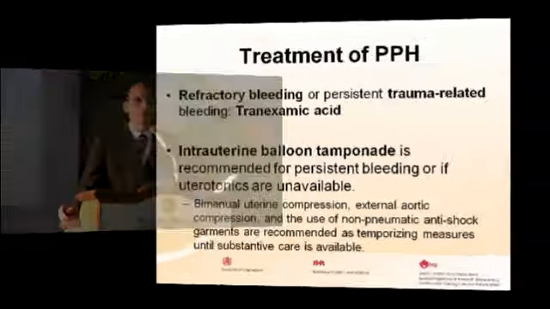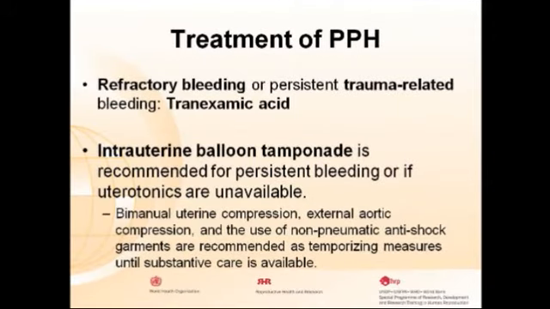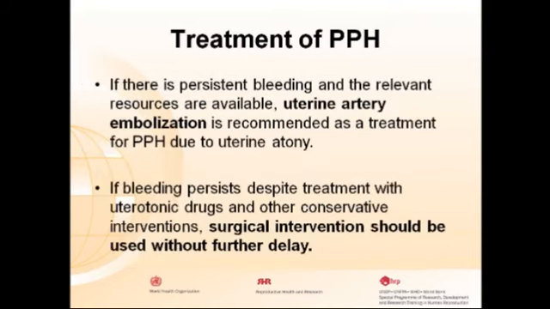There are a few other temporizing measures, as you can see there, for instance, the bimanual uterine compression, the aortic compression, and use of non-pneumatic anti-shock garments that could be used as temporizing measures until substantive care is available. Importantly, if bleeding persists despite treatment with uterotonic drugs, surgical interventions should be used without further delay.